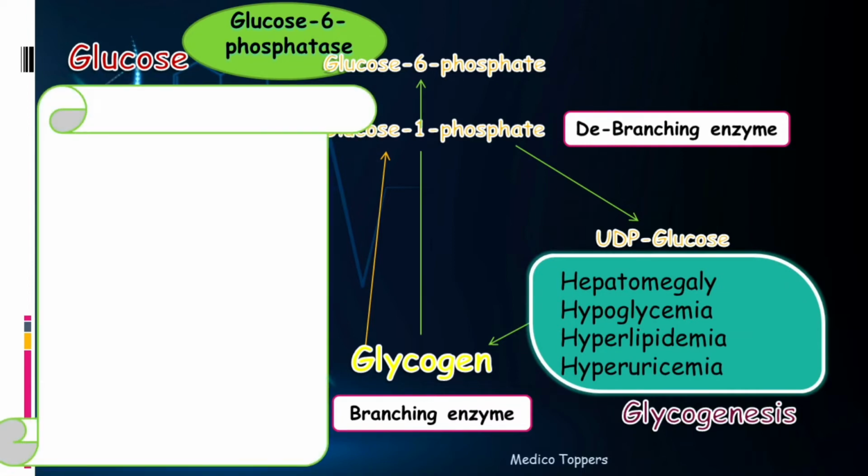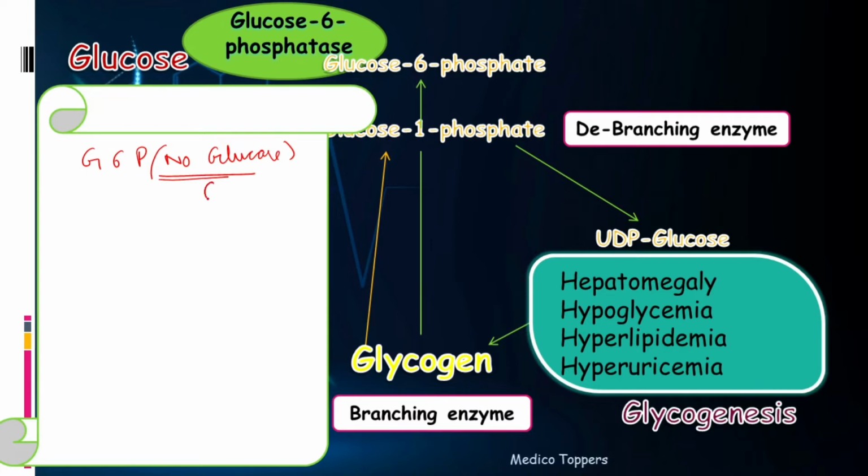Let me explain. Because of the lack of glucose 6-phosphatase, what is happening? Because of its lacking, there will be no formation of glucose. Yes, we all know. So if there is no glucose, what will happen?